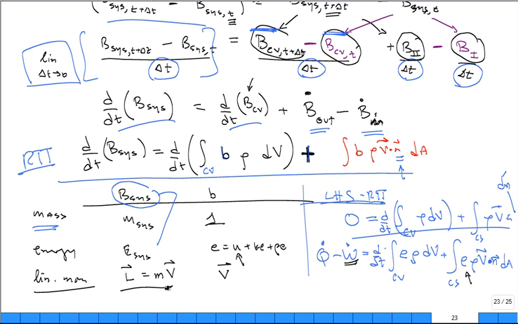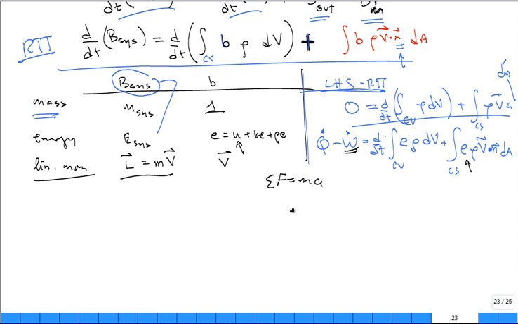Now you can write, using the Reynolds transport theorem, how the linear momentum increases or decreases. You go back to this equation, sum of the forces equals m a. A lot of times they don't write m a. Do they write it as the derivative with respect to time of m v? Have you ever seen that?